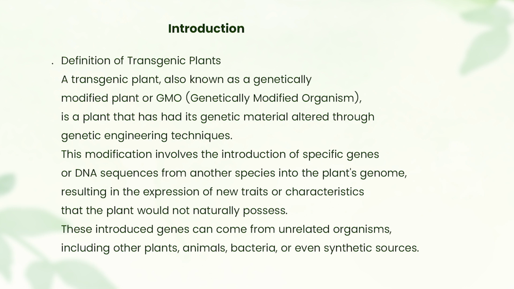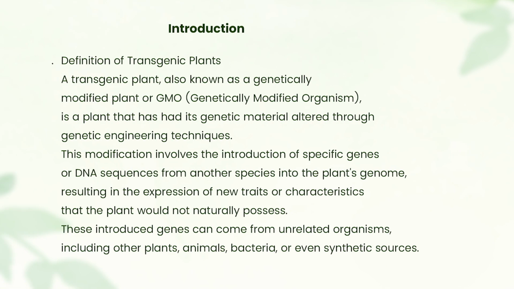So, what are transgenic plants? Transgenic plants, also known as genetically modified plants or GMO, that is genetically modified organism, are plants that have had their genetic material altered through genetic engineering techniques.